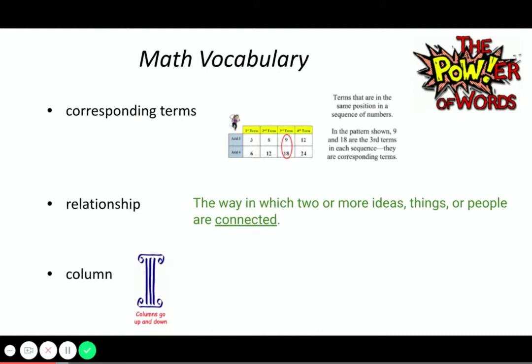In the highlighted or circled corresponding terms of 9 and 18, they're in the same position because they have a relationship. They are connected. Below, that leads us into our next vocabulary word, relationship. It's the way in which 2 or more ideas, things, or people are connected. And then finally, our last vocabulary word is column. And a column is a way to describe up and down.